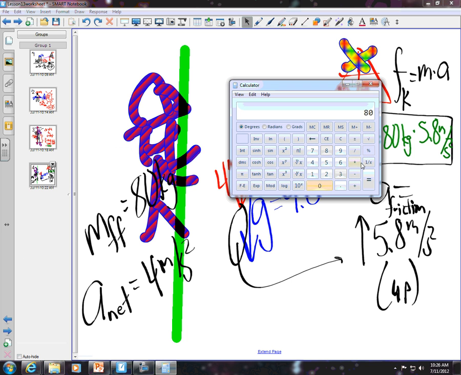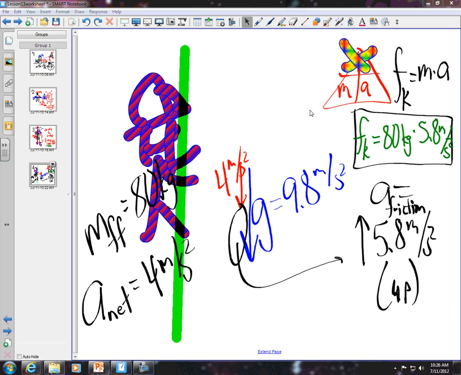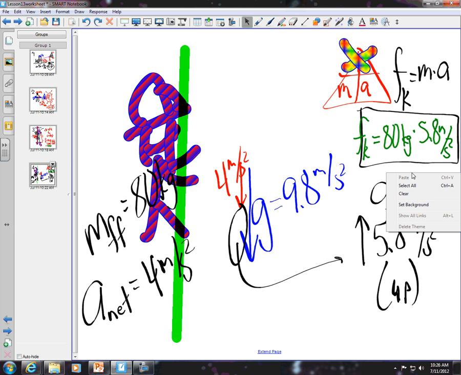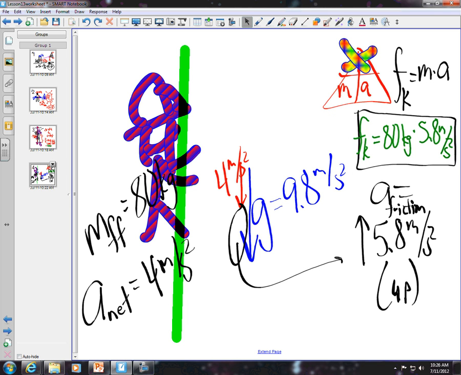I'm not going to just trust the book's expected answer. It's 464. The book wanted 480, but it's really 464 newtons. That would confuse you because the book assumes 10 meters per second squared, so that's fine. If you did 10 there, you'd have 6 left over, and it would be 480.